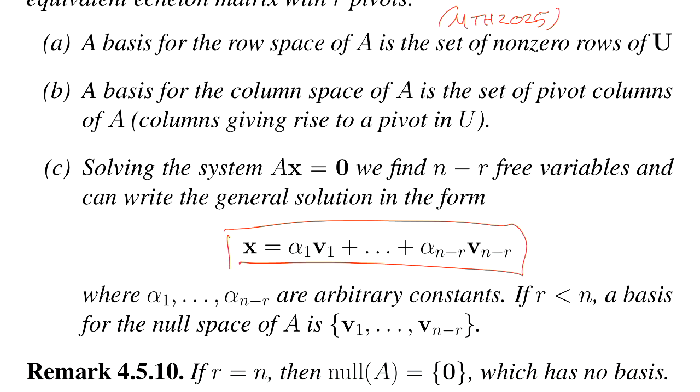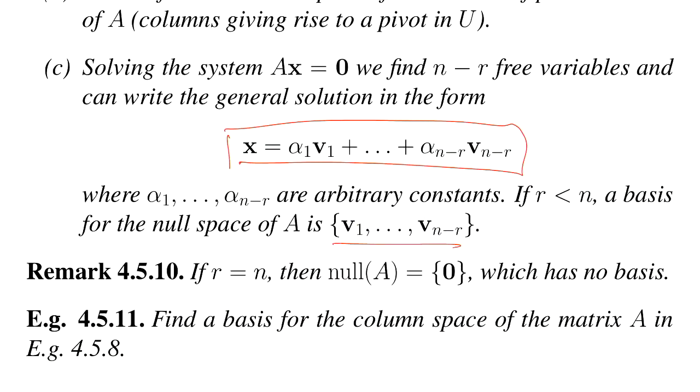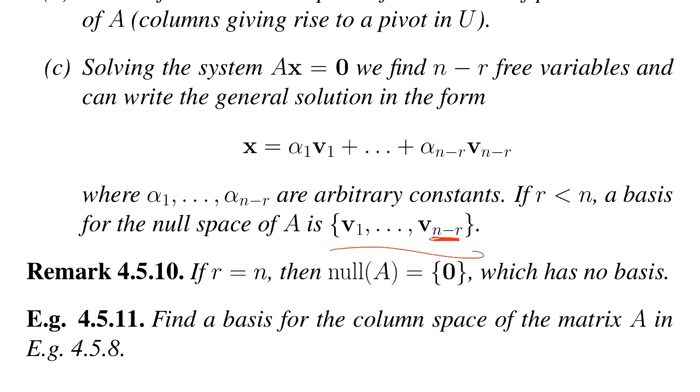So this isn't actually anything new. We knew this just from solving linear systems. The new thing is that the set of these vectors multiplying the free variables, when you write out the general solution, form a basis for the null space. And the only caveat you need to be careful of here is you need r to be less than n, otherwise this set's empty.